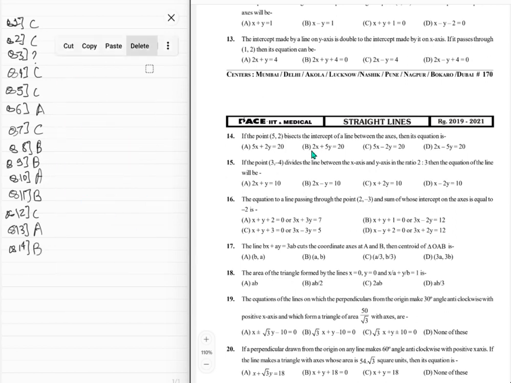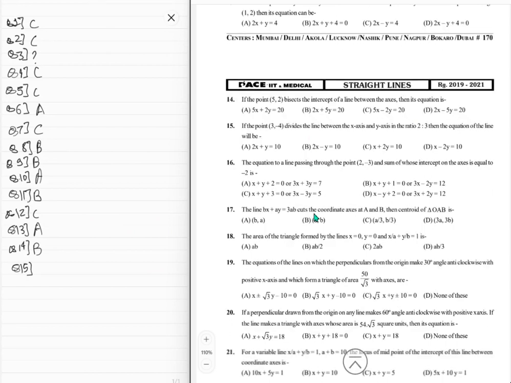Right, next question. If a point divides the line segment between the x-axis and y-axis in the ratio 2:3, then the equation of the line will be... So it's just (a, 0) and (0, b), these 2 points, and the point divides the line segment between those 2 points in the ratio 2:3.